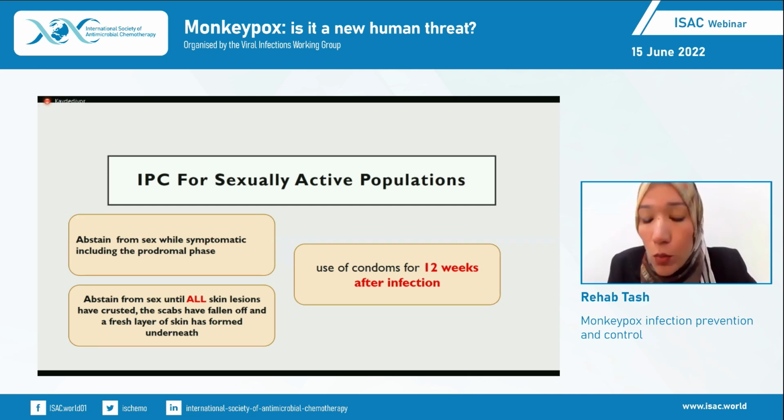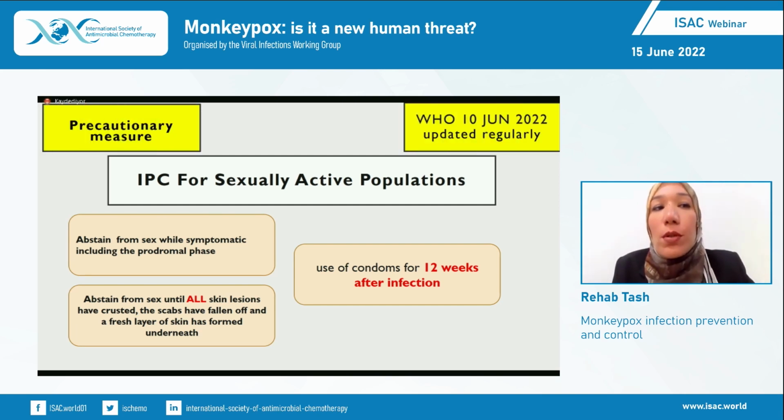Now, rumors about sexual transmission in the current outbreak. It's a precautionary measure by WHO, released on 10 June 2020, to have certain infection prevention and control measures for the sexually active population: abstain from sex while symptomatic, including the prodromal phase if present, and abstain until all skin lesions are healed and new skin has formed, like isolation precaution.